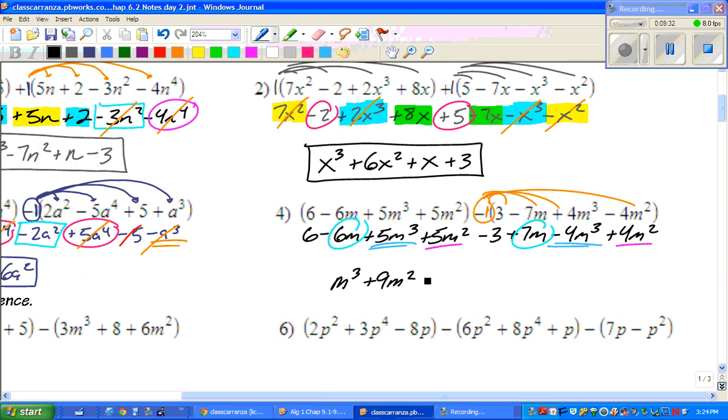Negative 6 plus 7 is 1. And then 6 minus 3 is 3. The last things we combined were those guys. Okay? And then when you're all done, put a square around your answer, because of all the other information that's there, we want to make sure we can see where it's at.